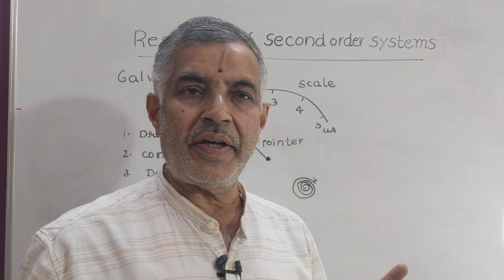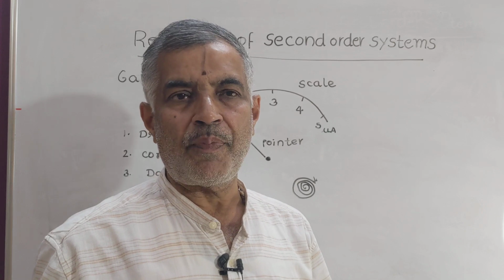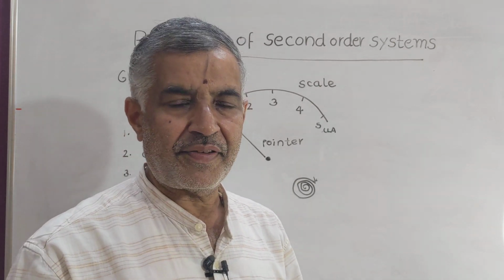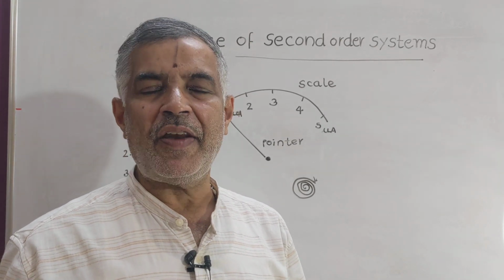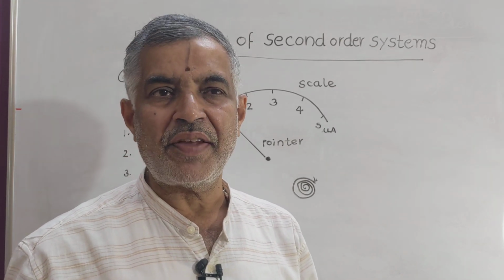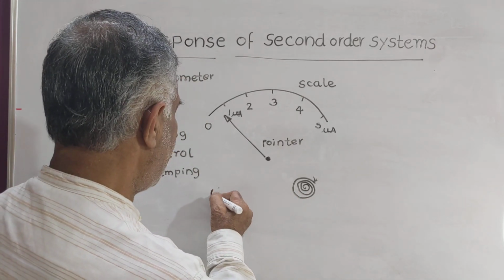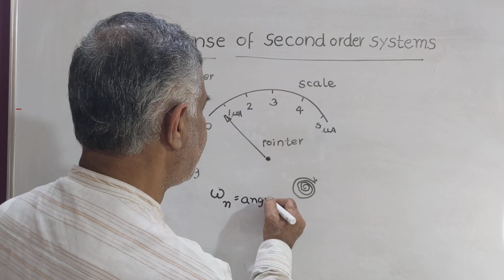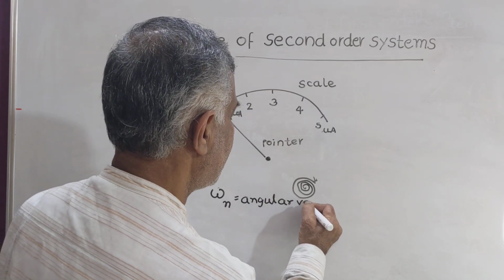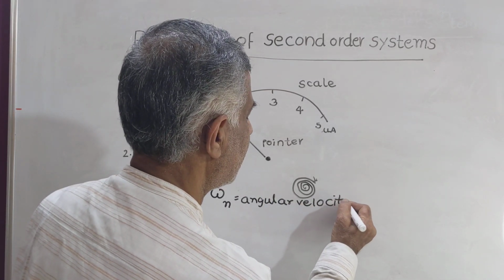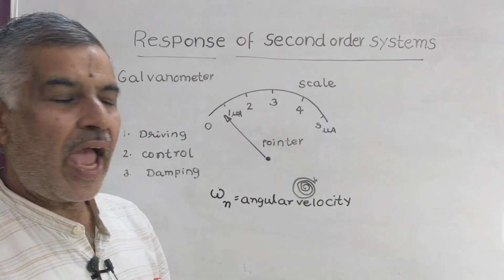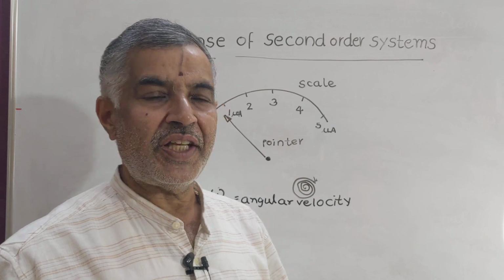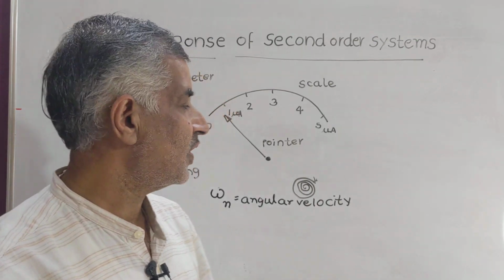When damping in the system becomes zero, the system oscillates. The angular velocity of oscillation is what is known as omega n. Omega n is the angular velocity, the natural frequency of oscillation.